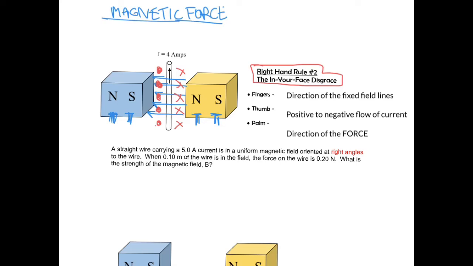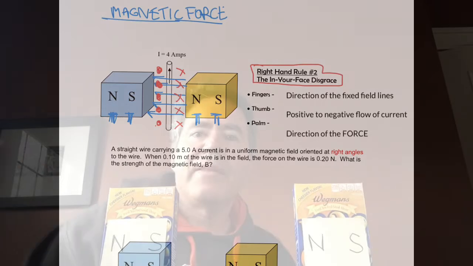And to give a 3D representation of how to apply this hand rule, here is McQuaid physics teacher, Mr. Bix DeBaise. I'd like to take this moment to show you the second right-hand rule, which is the in-your-face disgrace rule. And note that it's an open-faced rule and that my fingers are perpendicular to my thumb.